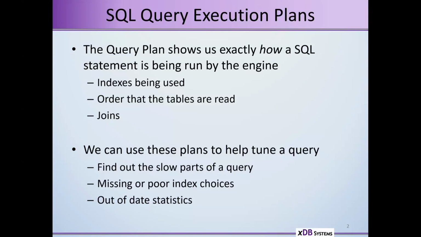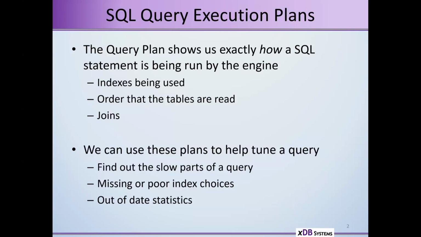So first of all, an explain plan or a query plan tells us how the database is going to run a particular query. It'll tell us the order that the tables are being accessed, how they're being accessed, whether it's a full scan or an index read. And if it's an index read, it'll give us details of the particular index that's being used, how the tables are being joined.